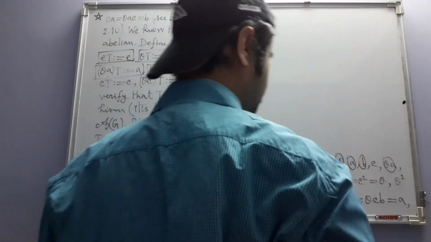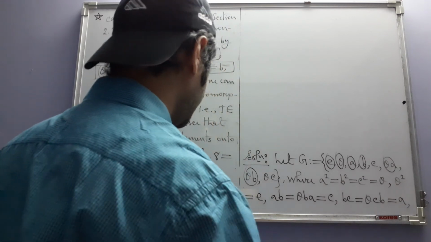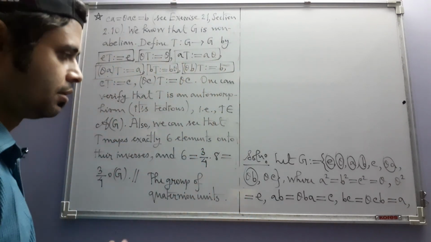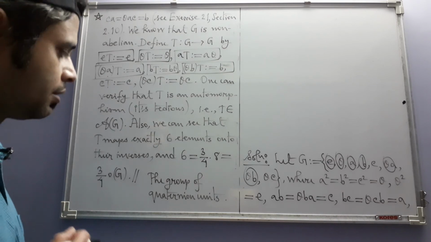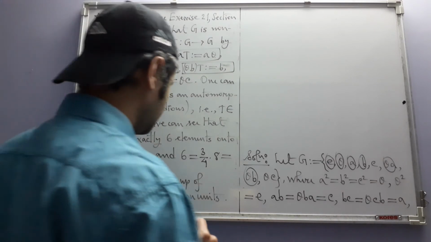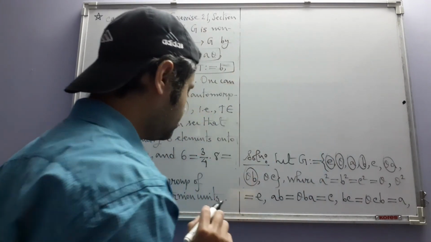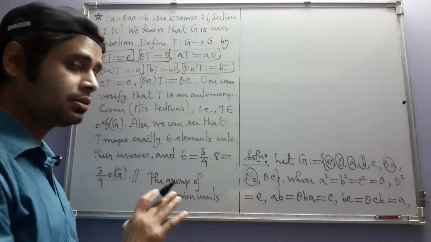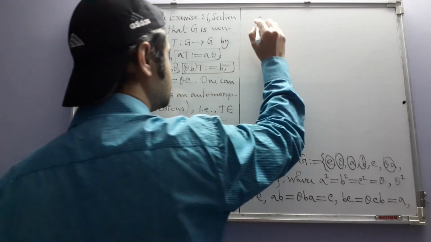In the ring of quaternions, there are, of course, real quaternions. It's a division ring, so any non-zero element has an inverse, but the quaternion units don't mean units in that ring. Okay, quaternion units are these.